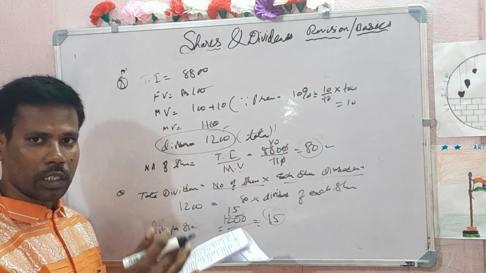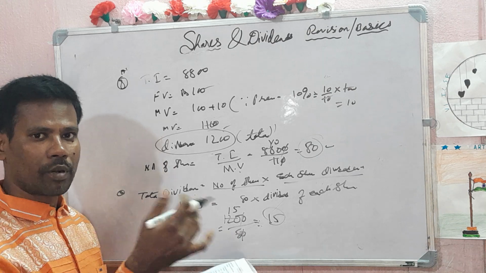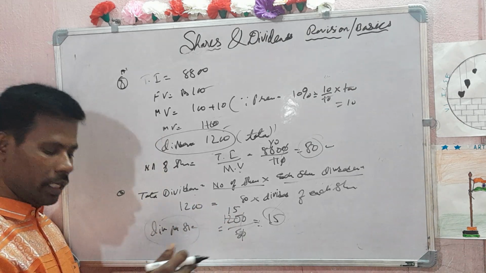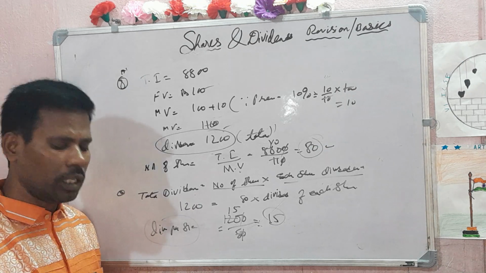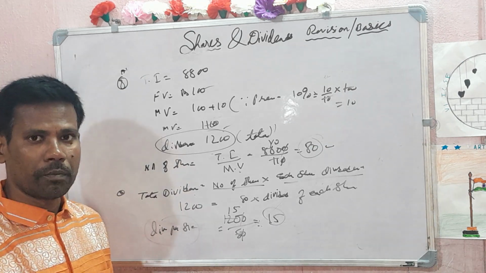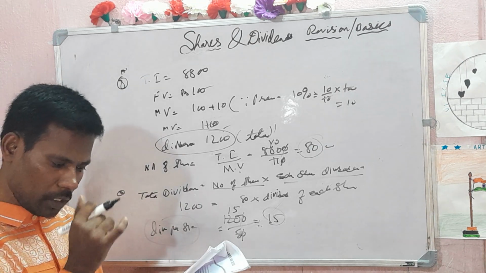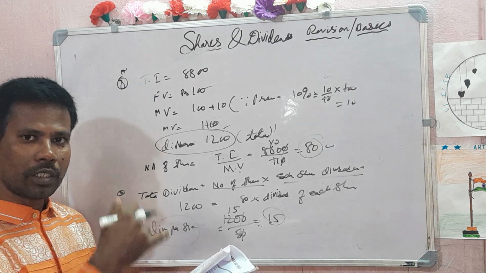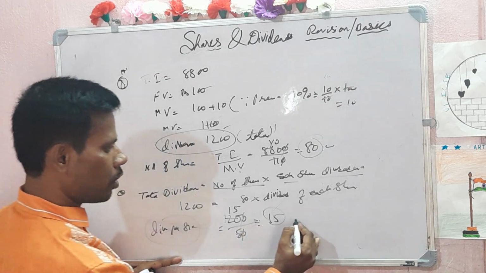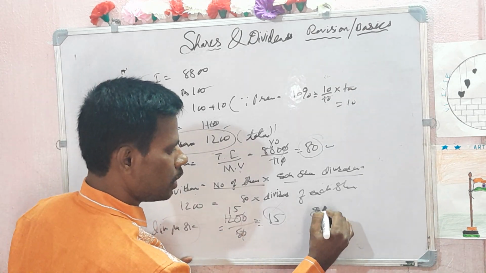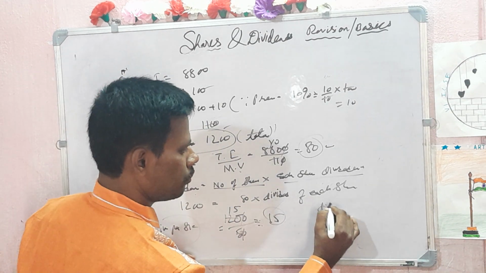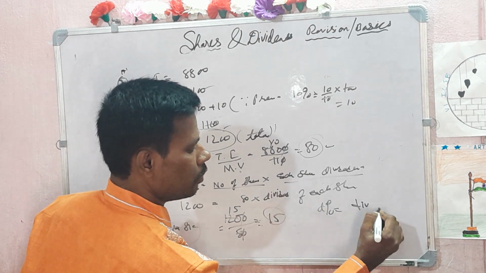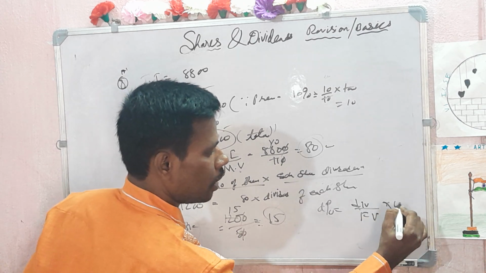So the company gives the profit, no? The dividend percentage is what the company is giving, not what he is investing in the company. So the rate percentage, the dividend percentage here, is equal to dividend by face value into 100.